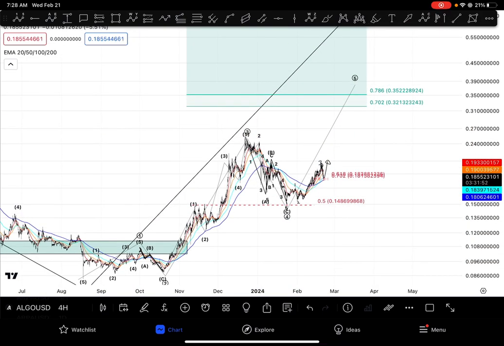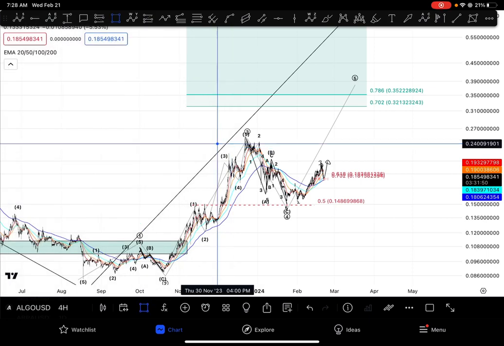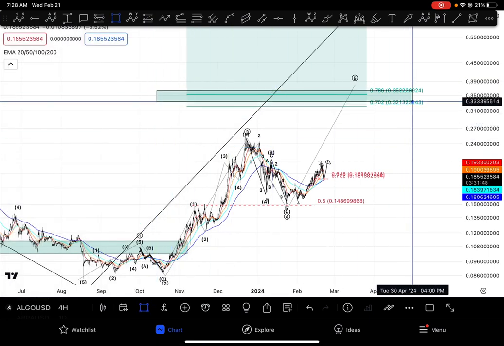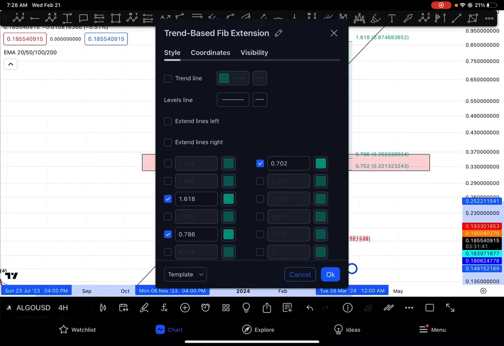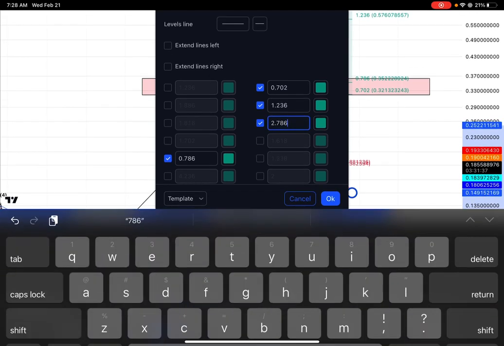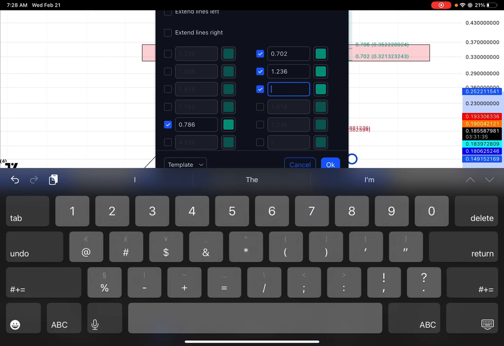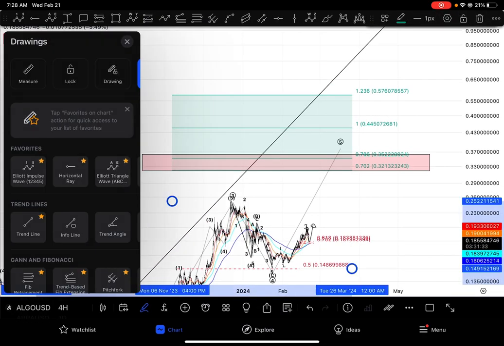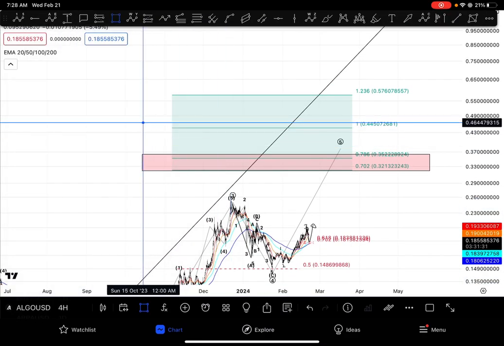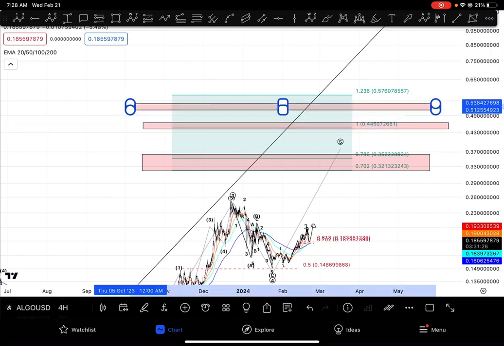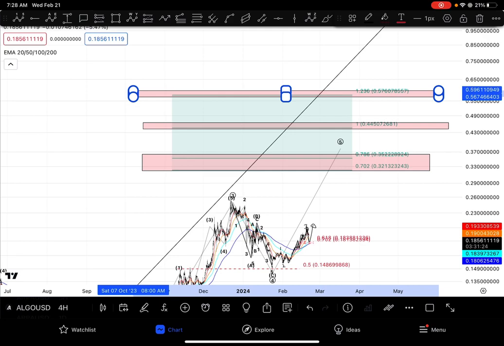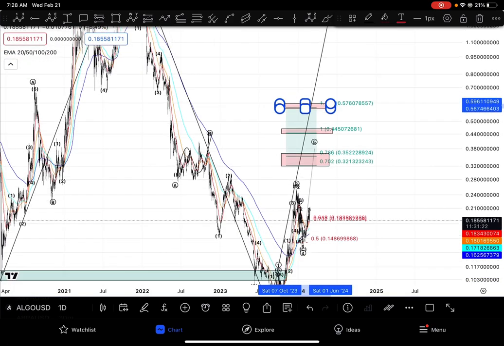So you have this region over here, the 32 to 35 cent region. Okay, and then you also have your 1.236 and your 100% fib. And it's really cool because these fibs line up perfectly with the macro fibs over here.